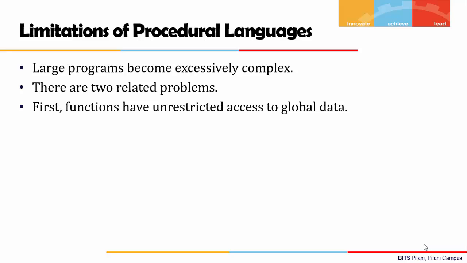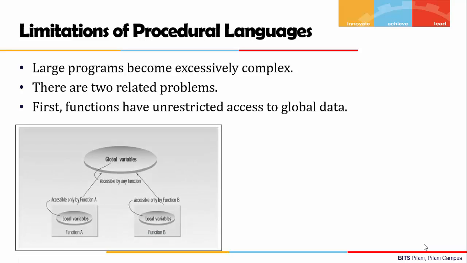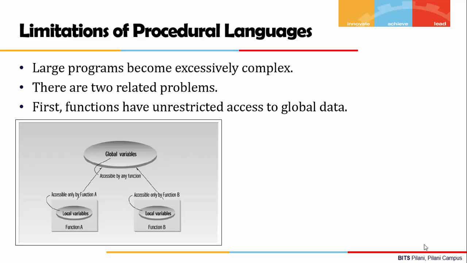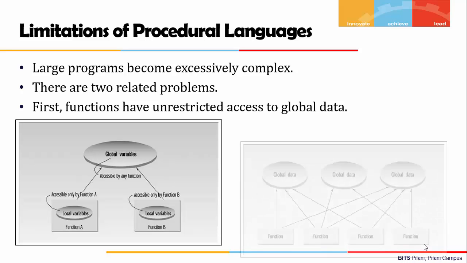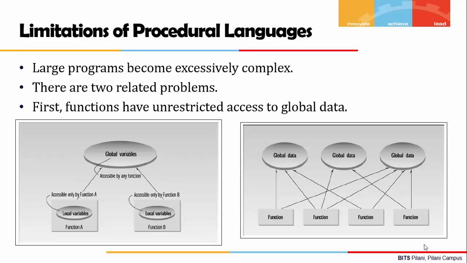So the arrangement of local and global variables in a procedural program is something like this. The local variables can be accessed only inside the functions, whereas the global variables can be accessed by any functions in the program. But when we see the same thing in a larger program in this diagram, there are many functions and many global data items.